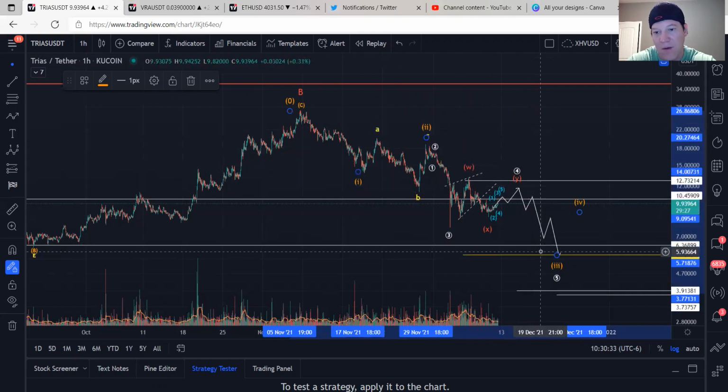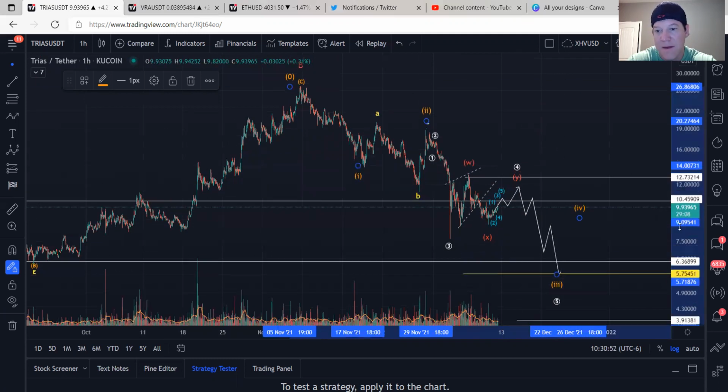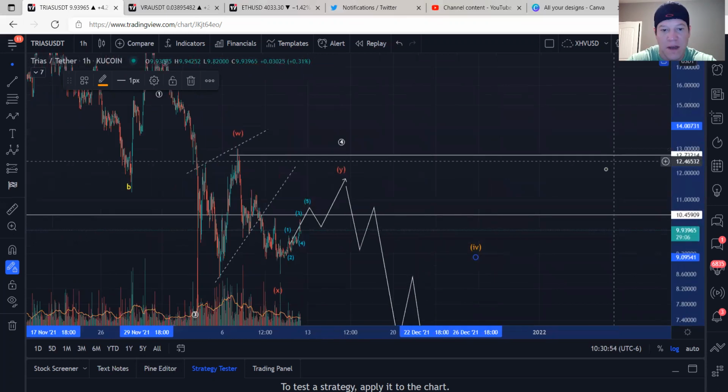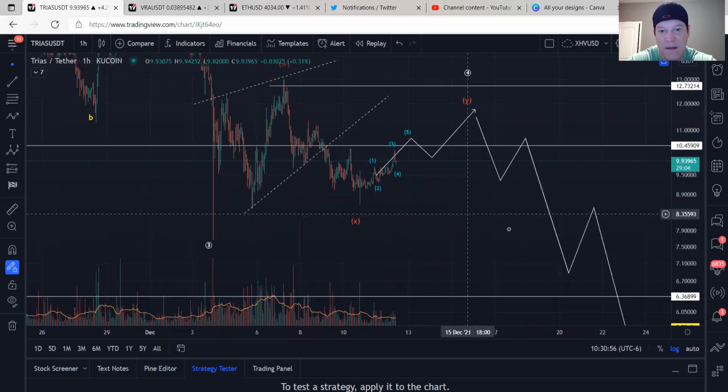We're in the sub-micro 5-wave structure of this micro 3-wave structure. So we've already done our 1, 2, 3, and I believe we are currently in our 4 wave, and then we'll have one more final 5th wave down to create our 3. So how I see that unfolding, guys, is like this.